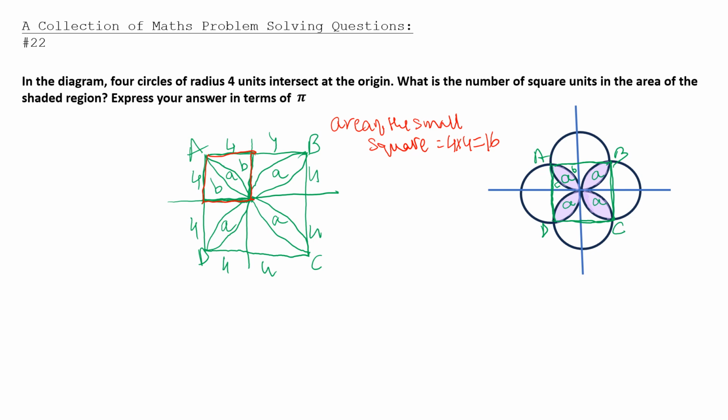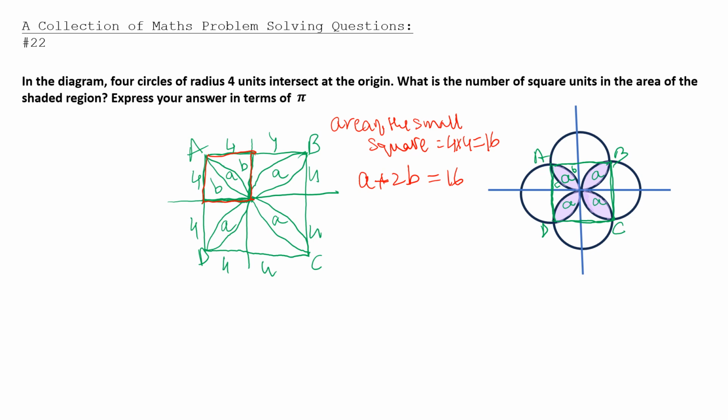Now the small square, I can also write as A plus twice B equals 16. So the area of A plus the area of B plus the area of the other B is 16. So A plus twice B is 16.